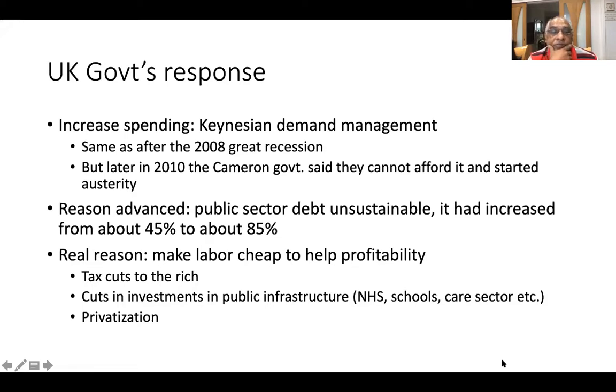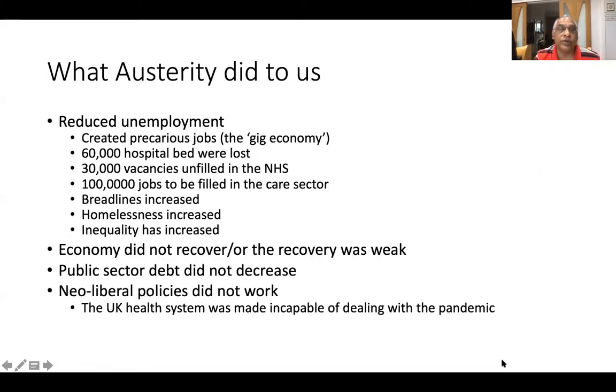It had increased from about 45% to about 85%. But we know the real reason was to make labor cheap to help profitability. So tax cuts were offered to the rich and corporations, with cuts in public infrastructure like the NHS, schools, the care sector, etc., and privatization of the economy.